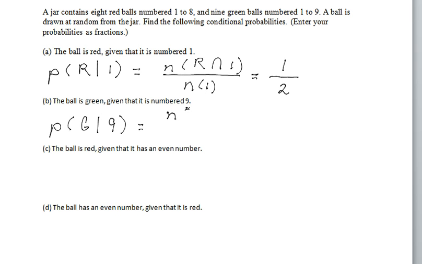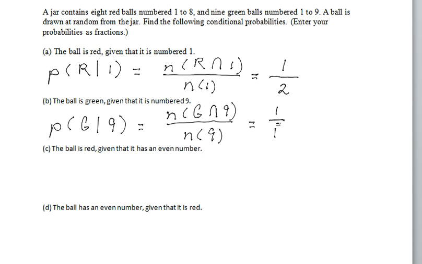Well, this is the number of balls that are both green and numbered 9 divided by the number that have the number 9. Well, there's only one green ball that has the number 9, and there's only one ball that has the number 9.